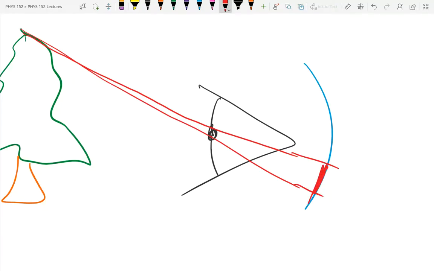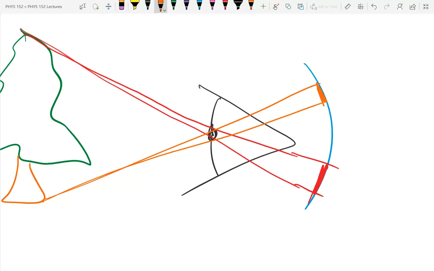And likewise, the bottom of the tree would be in some region like this. So even if your lens does nothing, if you do no focusing whatsoever, you can differentiate where the top of the tree is and the bottom of the tree because of the size of the opening in your eyeball.